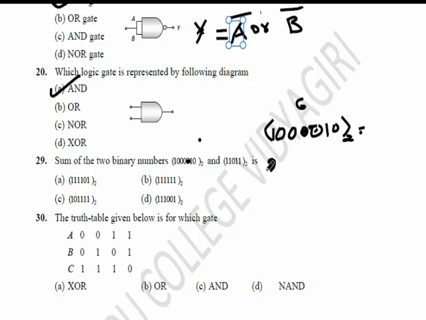You have to start with 2 raised to 5 into 1, first one. Next, 4th is absent, 5th is absent.